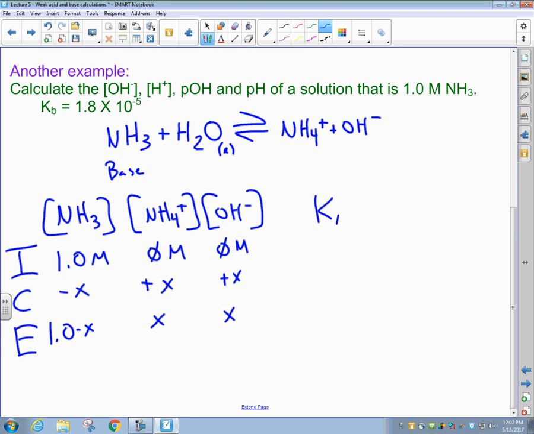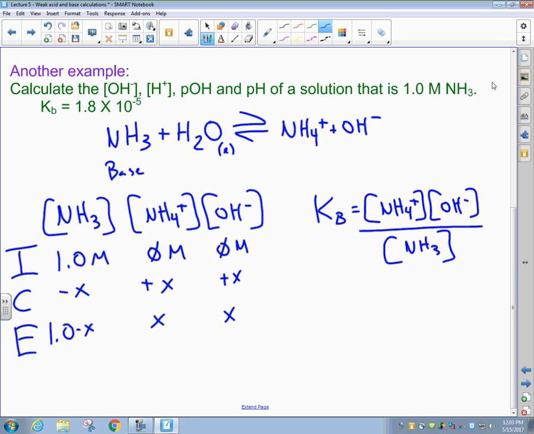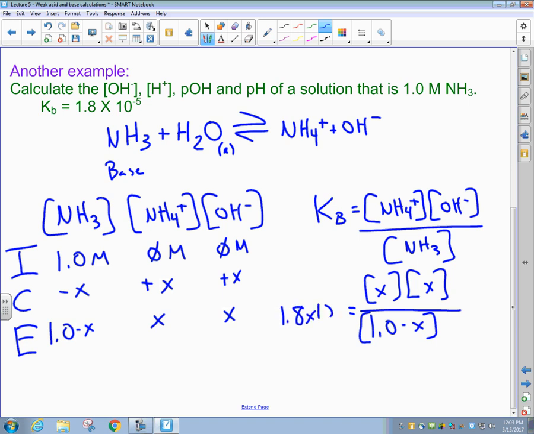We're ready to write our KB expression, concentration of NH4 positive times the concentration of OH negative over the concentration of NH3. Plug in my equilibrium expressions into the KB expression and set it equal to our KB value given in the problem, 1.8 times 10 to the minus fifth.